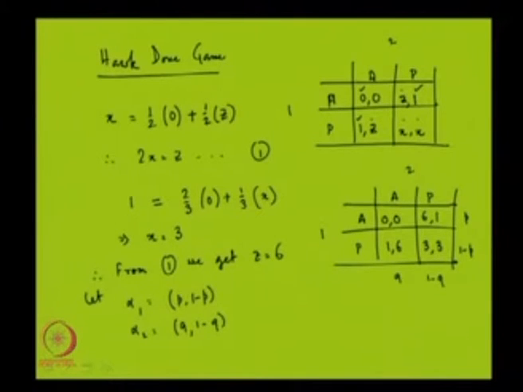So these are the probabilities attached to these actions, and we have seen that it depends on the expected payoff to each player from each of the actions. He will compare the expected payoff from the actions and decide what is the optimal P or what is the optimal Q.